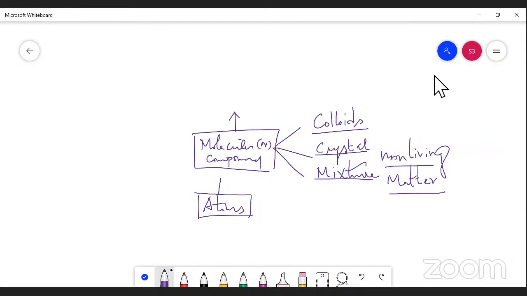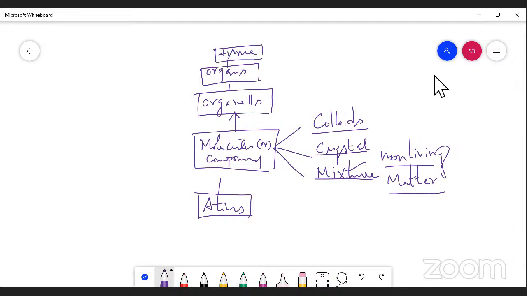Next, molecules, organelles, cells, and tissue. A group of cells is called a tissue. Tissues form an organ system. A group of organ systems makes an individual organism.